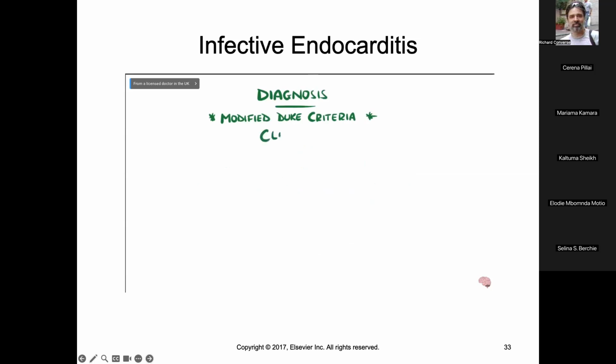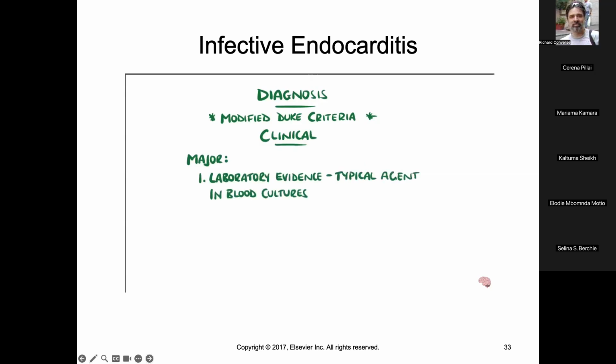Clinical criteria are divided into major and minor criteria. Major being supporting lab evidence of a typical organism present in 2 separate blood cultures, and evidence of endocardial involvement on echocardiogram.